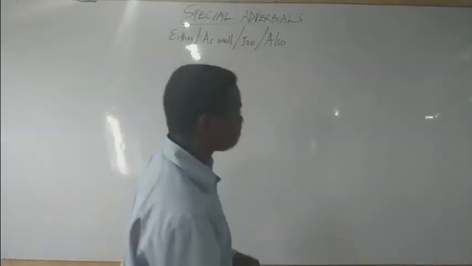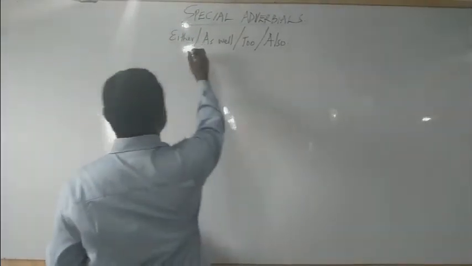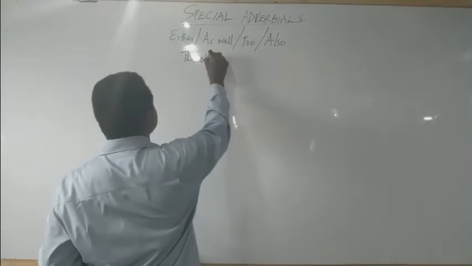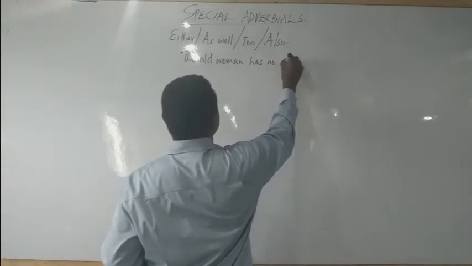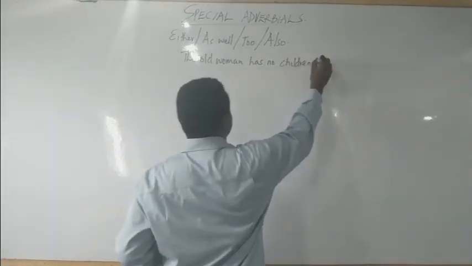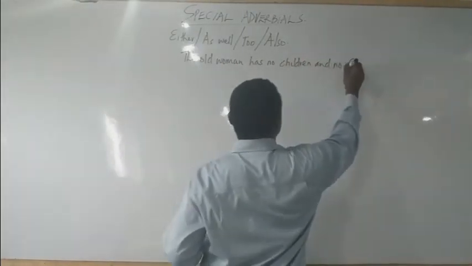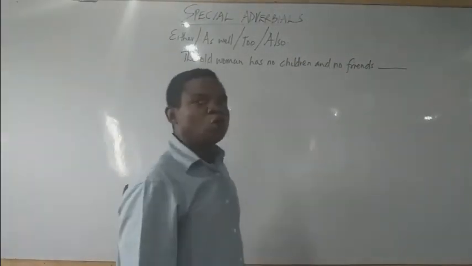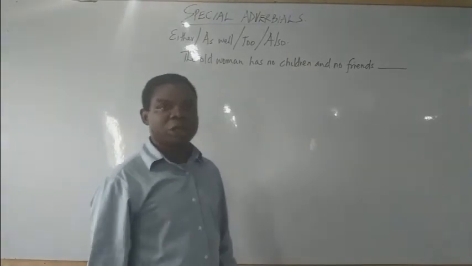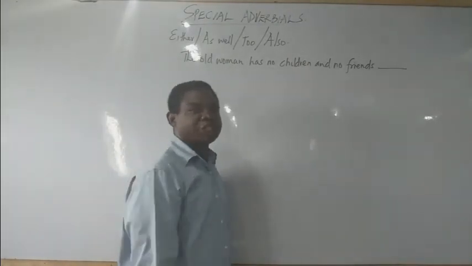Example 1 now. Look at this. The old woman has no children and no friends dash. The old woman has no children and no friends dash.